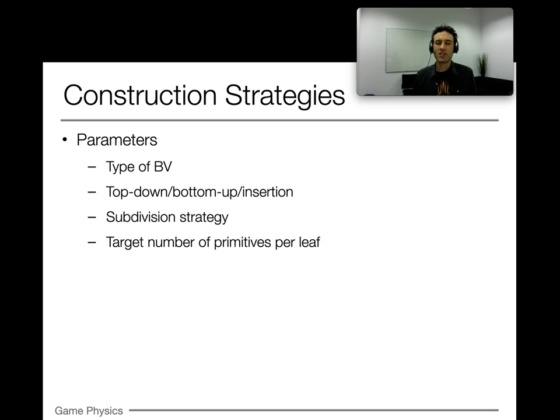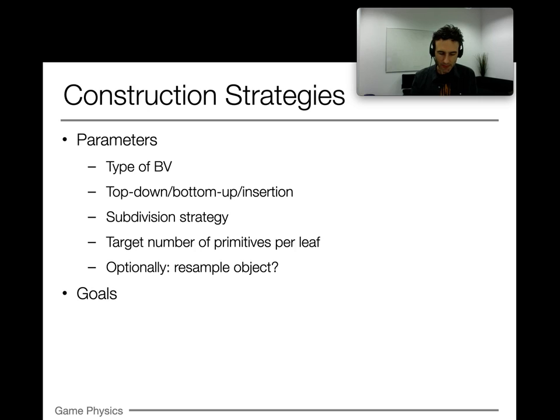We could try to optimize, basically invest resources to find a good split. We have parameters like how many of the primitives are allowed in one of the leaves of a tree. Optionally, it's also possible to resample the object, so we could even change the geometry when inserting to better fit the tree. So there are lots of ways to do this.